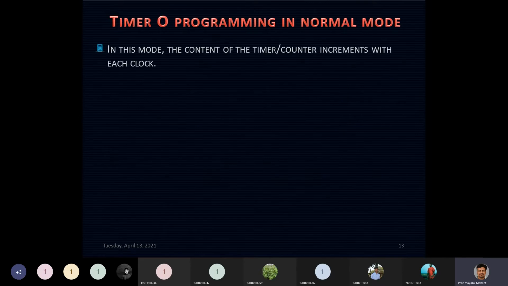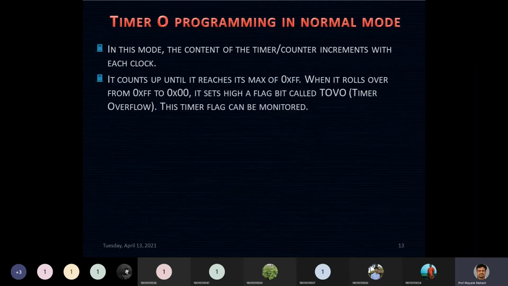So in this mode, the content of the timer increments with each clock. Now we know the timer counter register is TCNT. So the content of the TCNT register is incremented with each clock period.